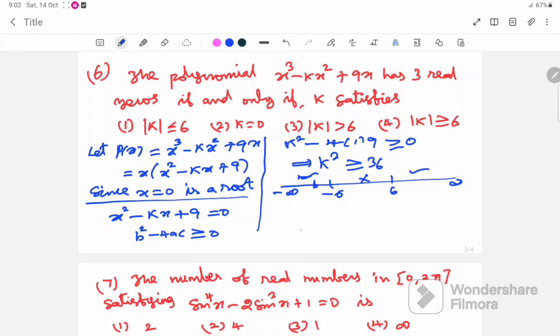So what I'm saying here is that minus infinity less than k less than or equal to minus 6 and 6 less than or equal to k less than infinity, and the same can be denoted by modulus of k greater than or equal to 6. It is there in option D. Fourth option will come.